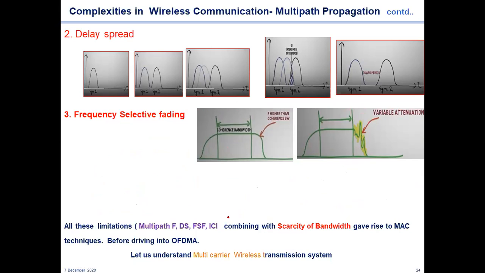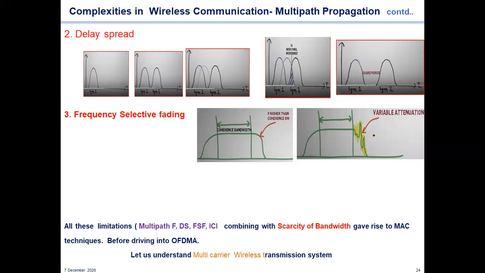So in an OFDM system, we convert this frequency selective fading purposefully into frequency flat fading, by increasing the symbol duration. In a single carrier system, the symbol duration is very low.